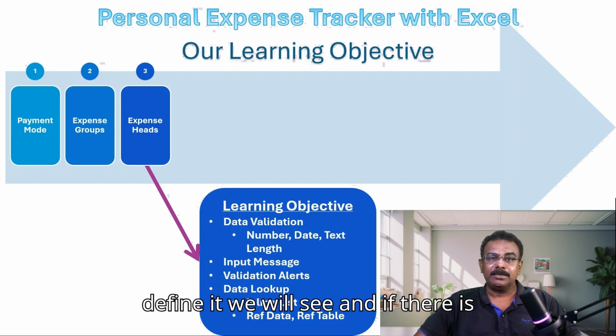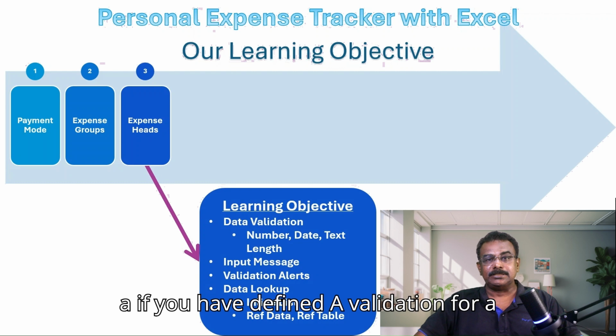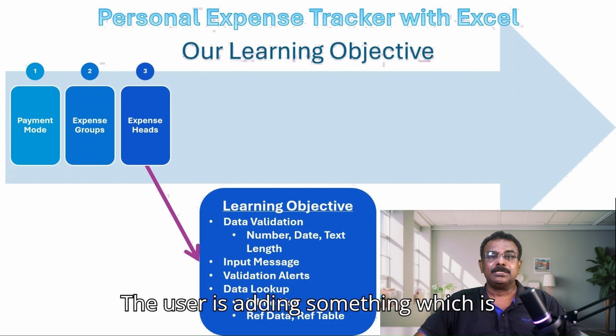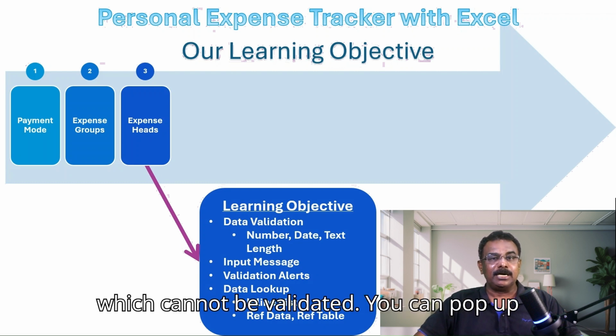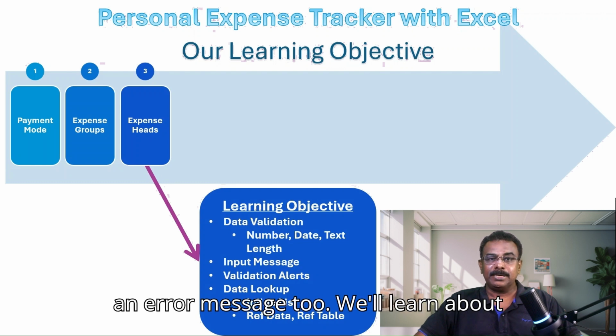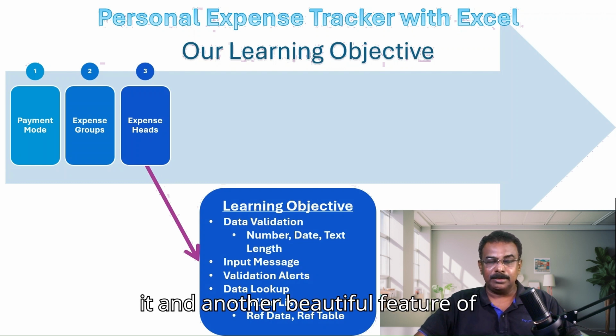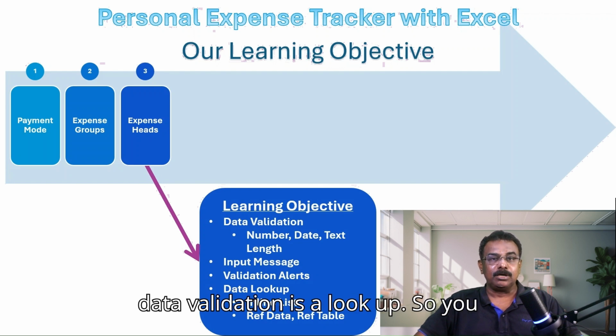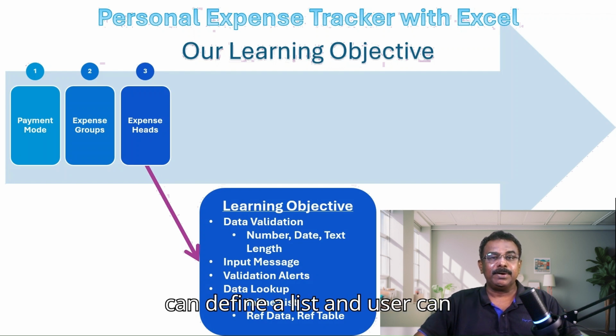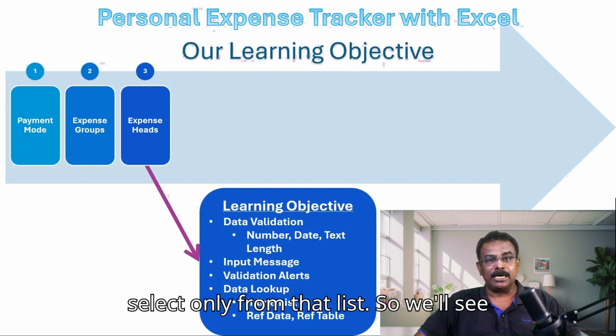And if you have defined a validation for a cell, and the user adds something which cannot be validated, you can pop up an error message too. We'll learn about it. And yet another beautiful feature of data validation is a lookup. So you can define a list and the user can select only from that list. So we'll see how to use it.